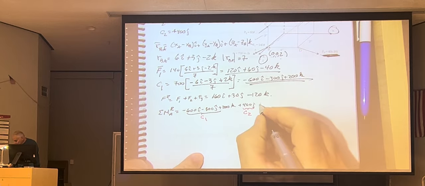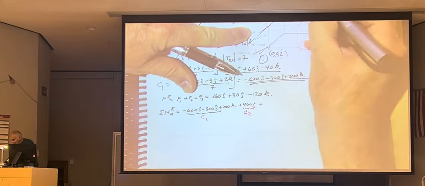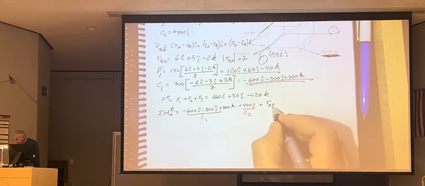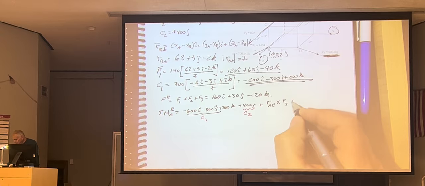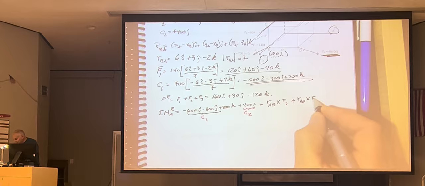Alright, so that means plus. This guy has a line of action this way. So this would be RAE crossed with F2. Plus, this guy's creating an RAD crossed with F3.